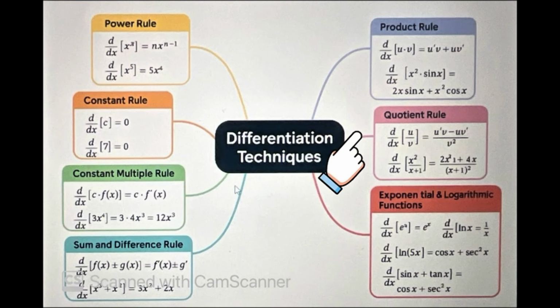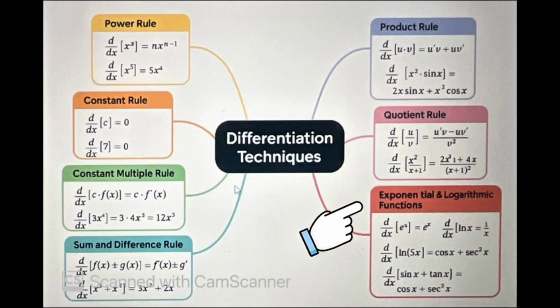For example, the derivative of x squared over x plus 1 is 2x(x plus 1) plus 4x over (x plus 1) to the power of 2. This rule is essential when functions are divided.